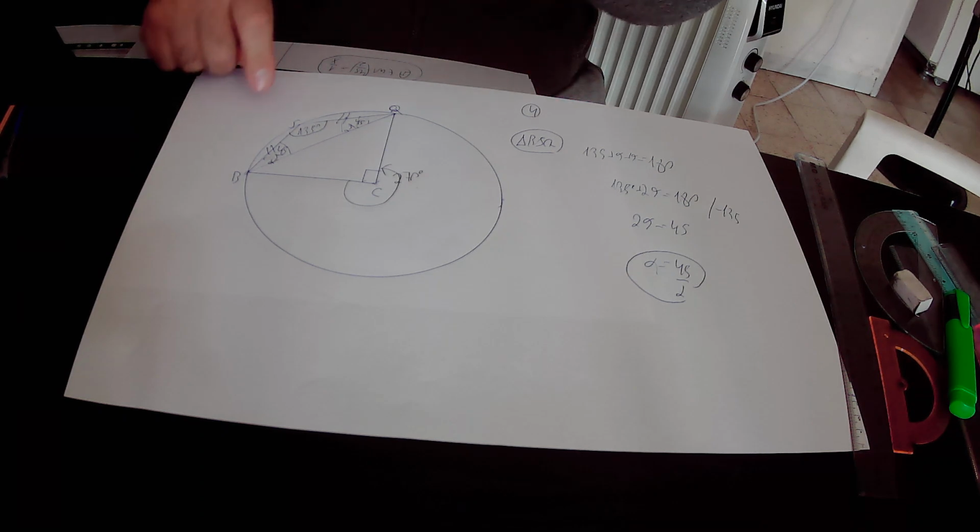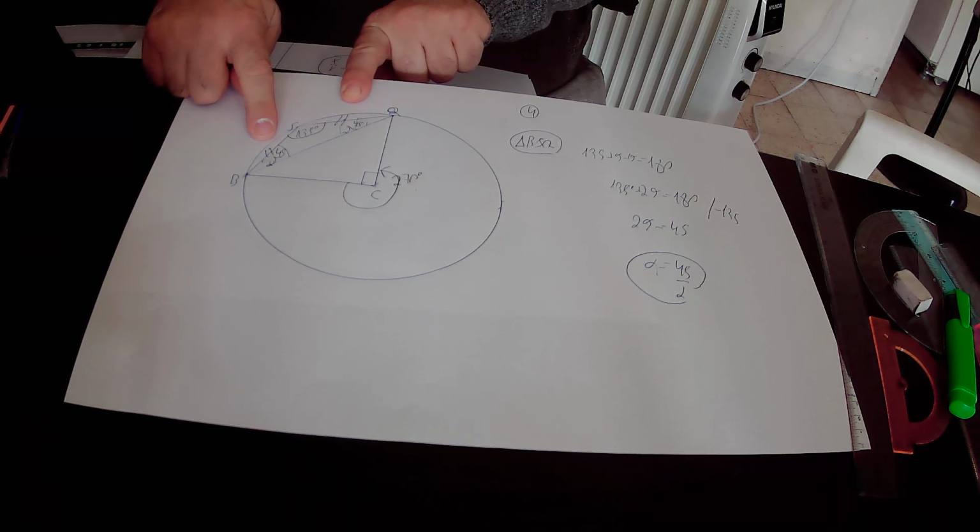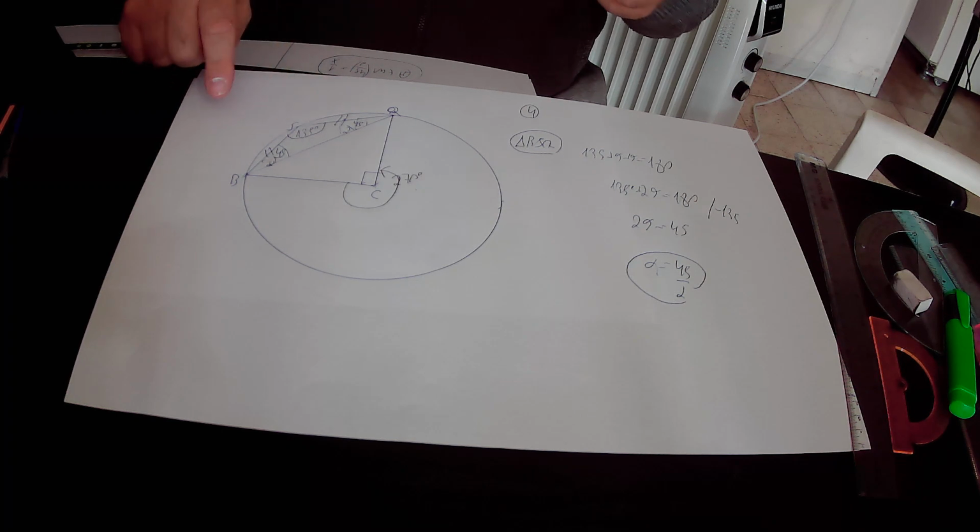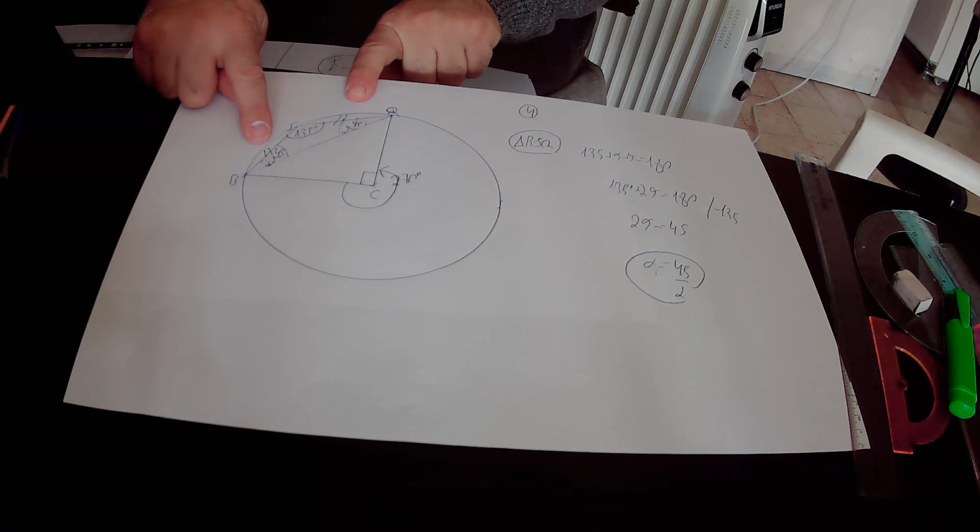And we have already found out that those two sides are equal to each other. They are both the radii of the previous circle. So in triangle QSB, those two sides are equal, and we have the rule that in front of equal sides in the triangle there are equal angles.